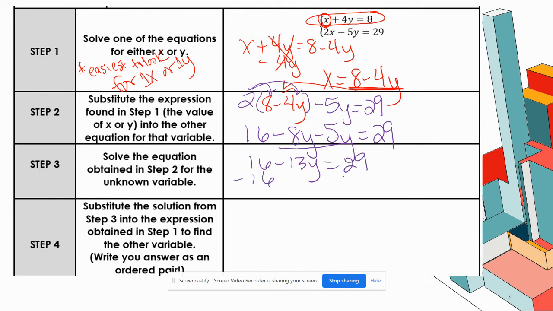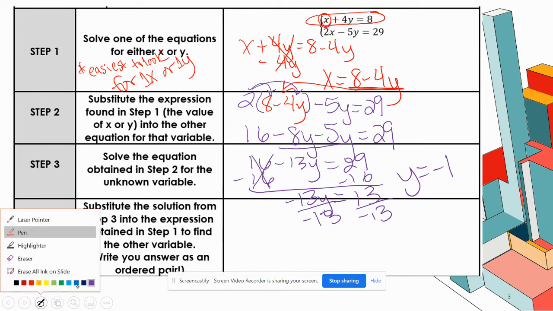I'm going to subtract the 16 to the other side. Please make sure that you're keeping that negative sign with the 13. And 29 minus 16 is 13. Divide by negative 13 on both sides, and I get y is equal to negative 1.